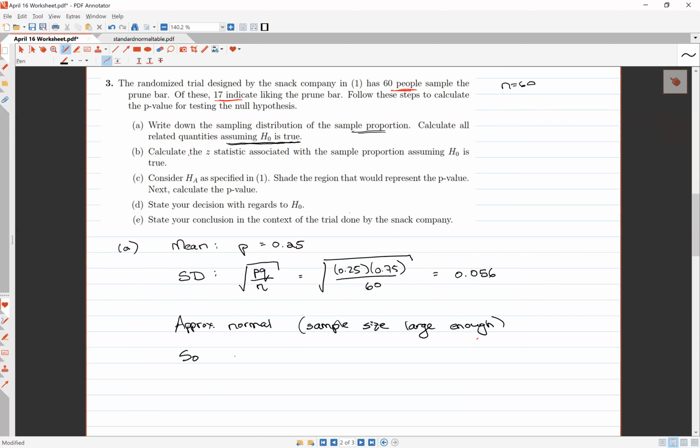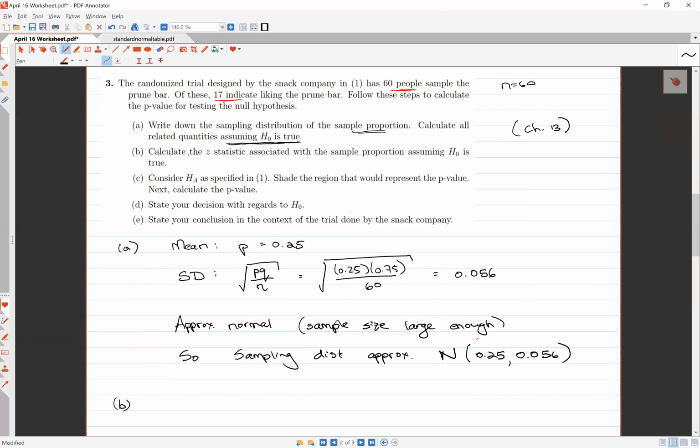So the sampling distribution is approximately normal with a mean of 0.25 and a standard deviation of 0.056. That's part A, and this is all stuff we covered in chapter 13, sampling distribution of the sample proportion.